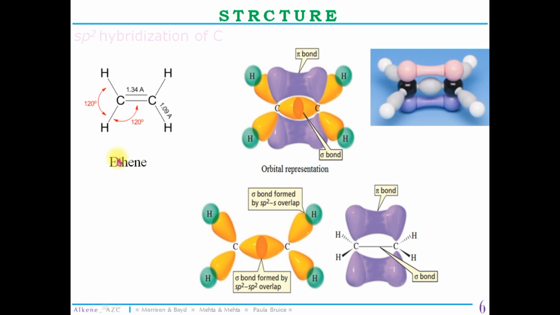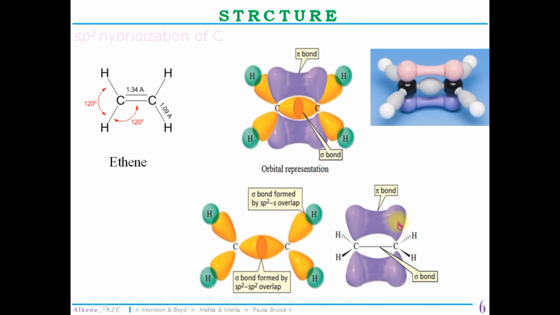Molecular representation of ethene. Here we can see orbital overlapping, where separately we can see sp2 hybridized orbitals participating to form sigma bonds. Here there is a sigma bond between carbon-carbon. Here is the carbon and hydrogen.